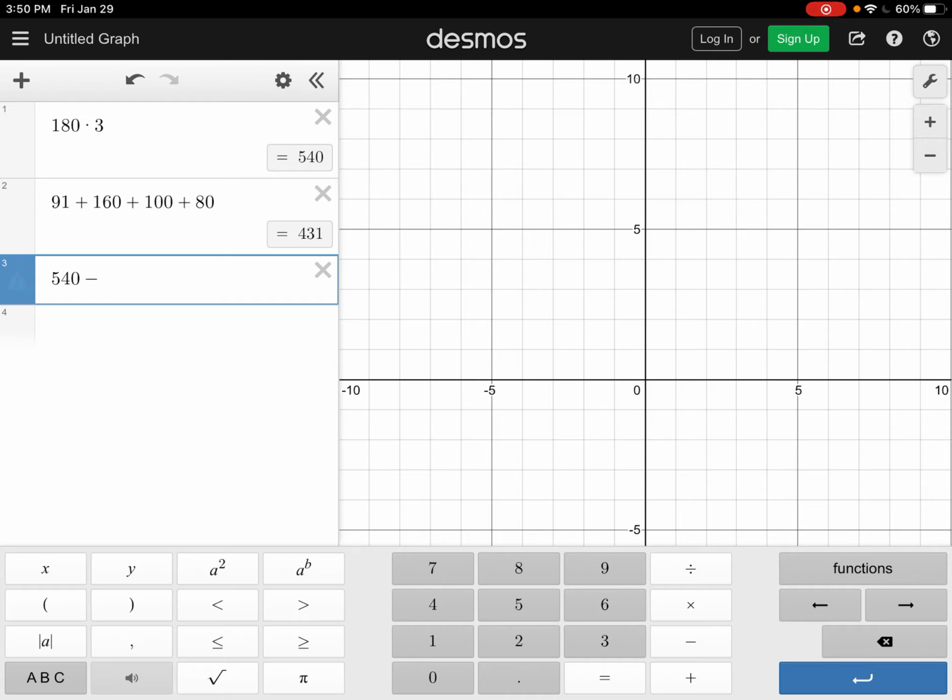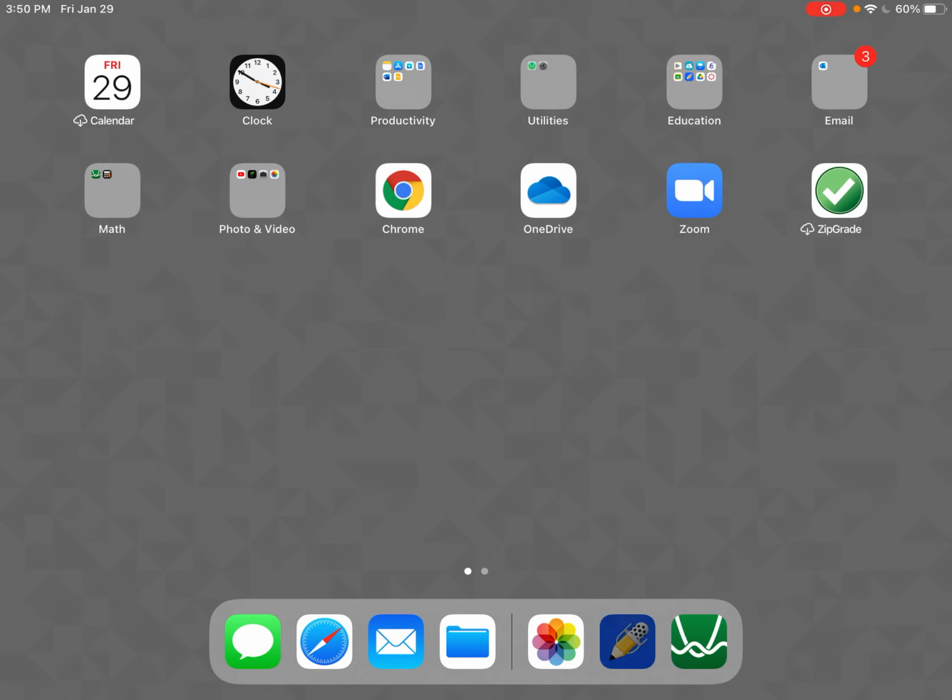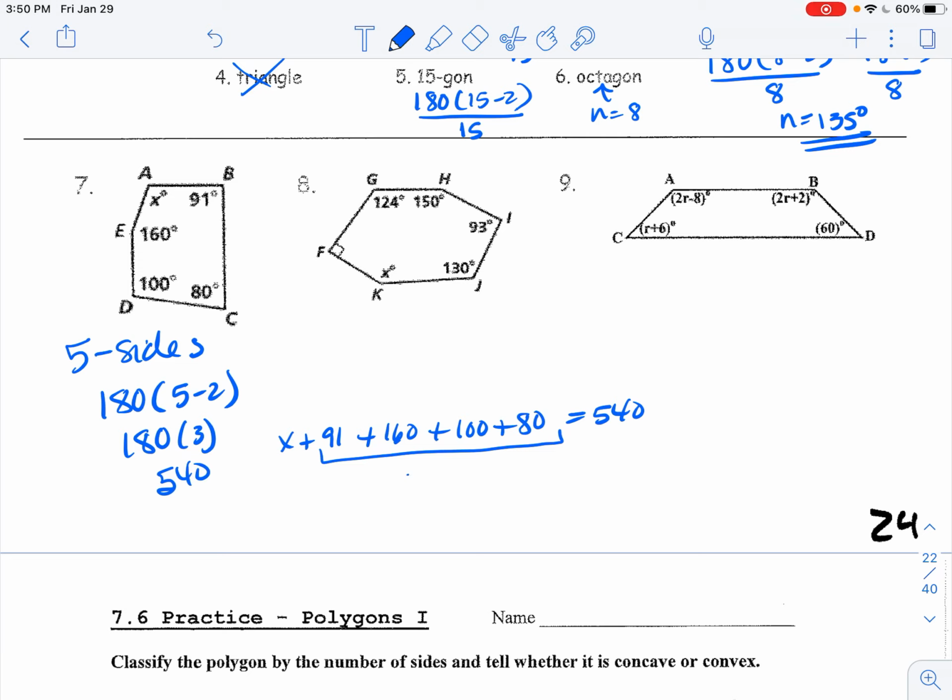So if I take 540 and I subtract the 431, I know that that remaining angle, oh, whoops. How did I get 463? How about 431? I must have hit the wrong numbers. So that last angle, this is going to be X plus 431 is equal to 540. And when I subtracted that, X was 109 degrees. And that was what this angle is.